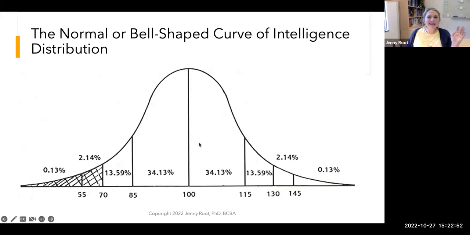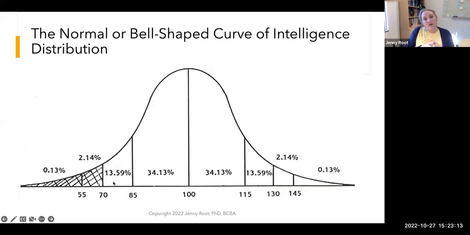So all of this is considered average. One standard deviation above, about 13% of our population, is going to have a slightly higher IQ. They're not considered gifted, but may have a faster rate of learning and depth of knowledge.